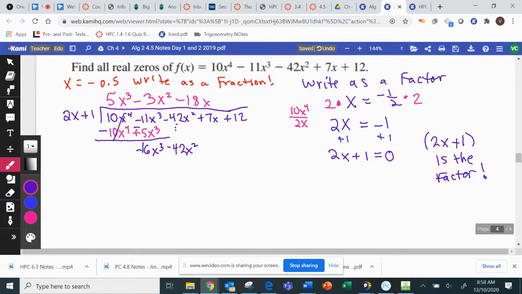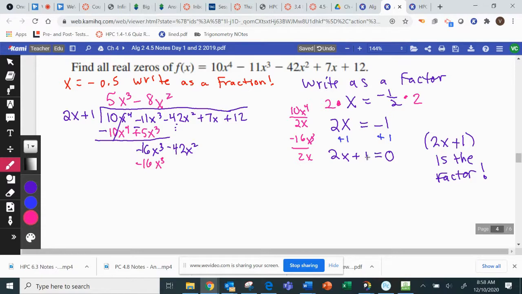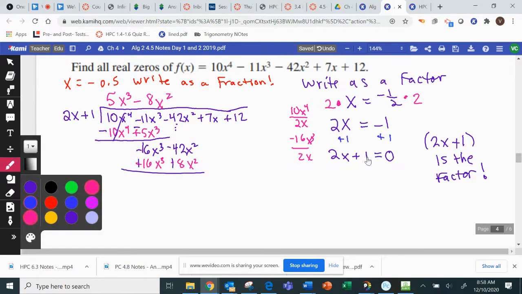All right, so it should be negative 16. So going back to, now I feel like I need to hurry. Negative 16x cubed divided by 2x. It's going to be negative 8x squared. Multiply, we get negative 16x to the 3rd, and then negative 8x squared. That gives 34?